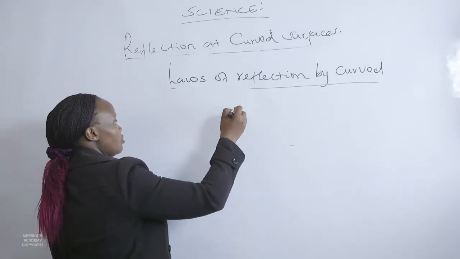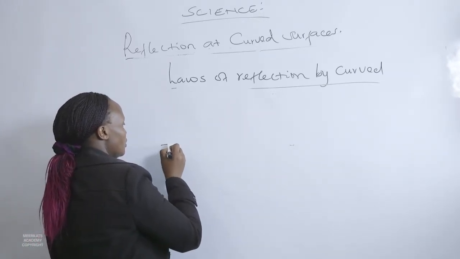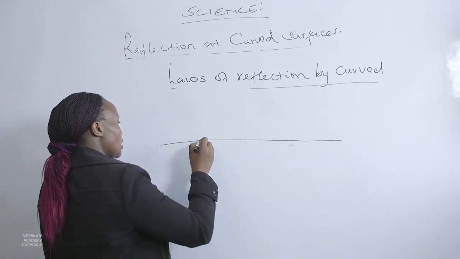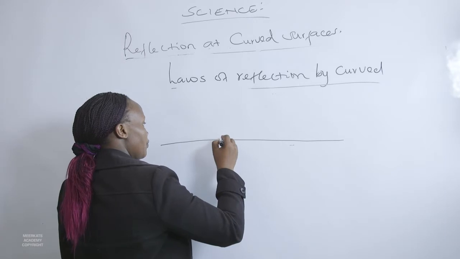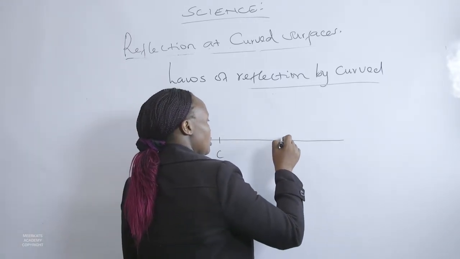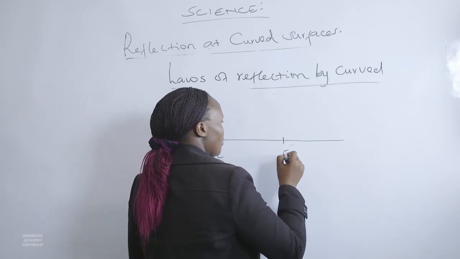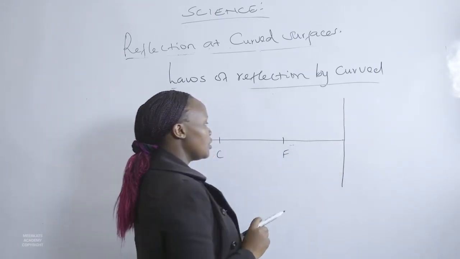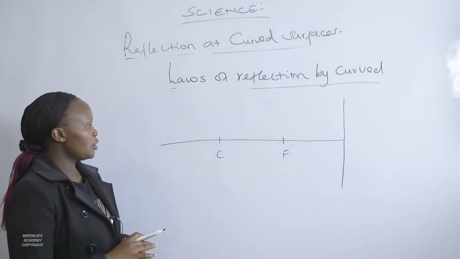Let us assume we have our principal axis. Here is our C. Here is our F, and then we have our pole.